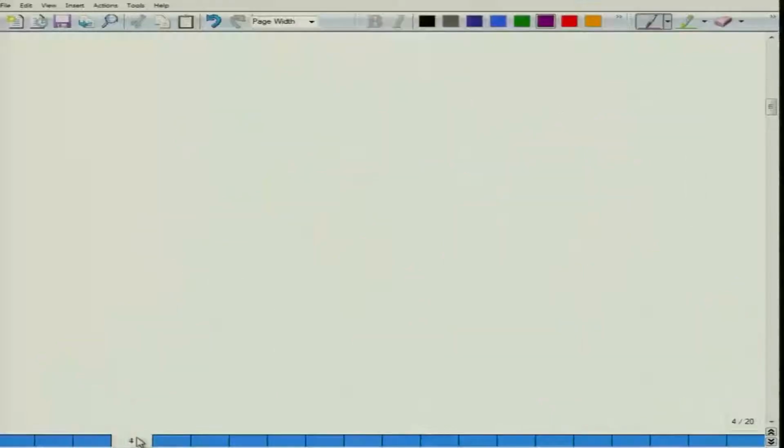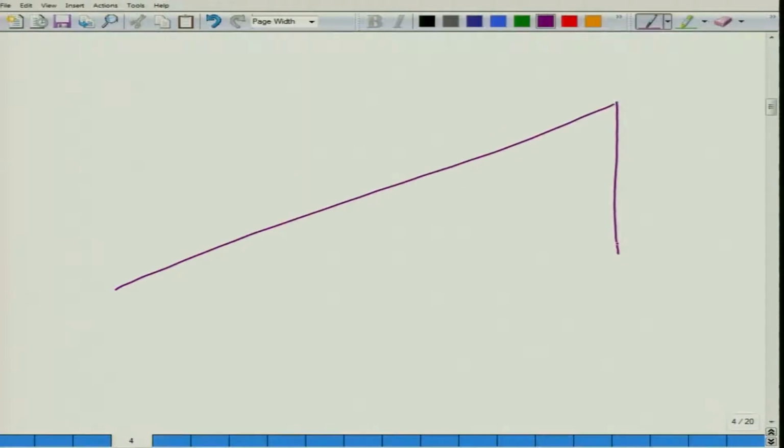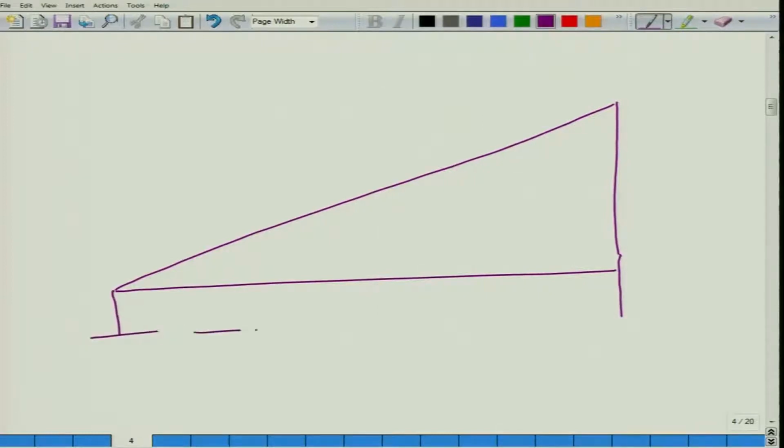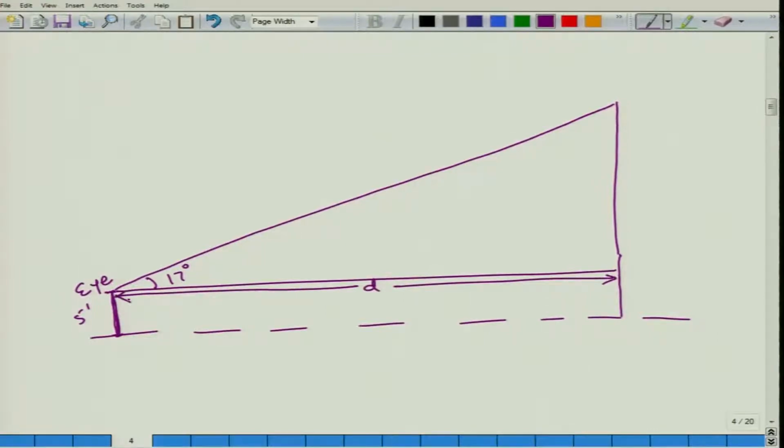Similarly, if we went into a forest and there was a tree whose elevation is measured from the observer's eye as 17 degrees, and the height of the eye from the ground level was, say, 5 feet, and if we measured this distance as d, we would very easily be able to calculate the height of the tree.